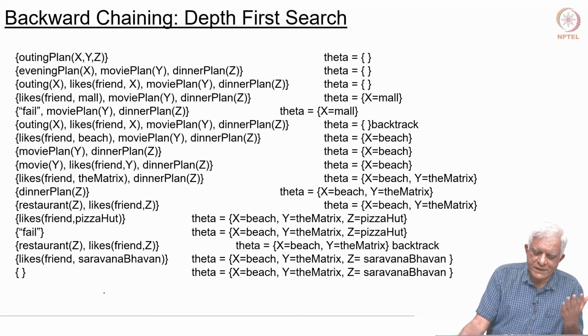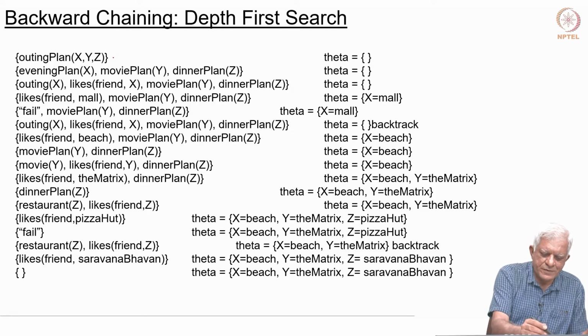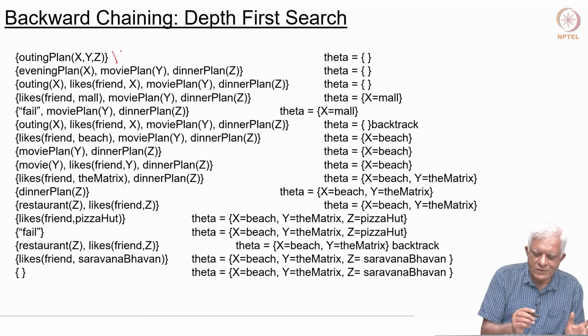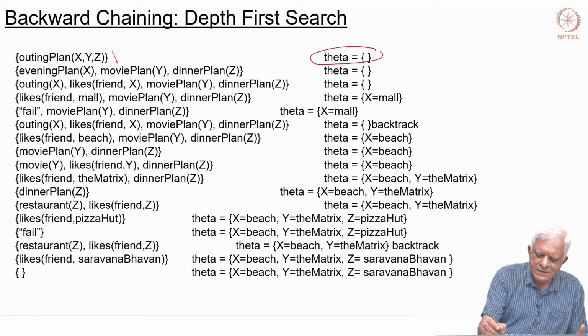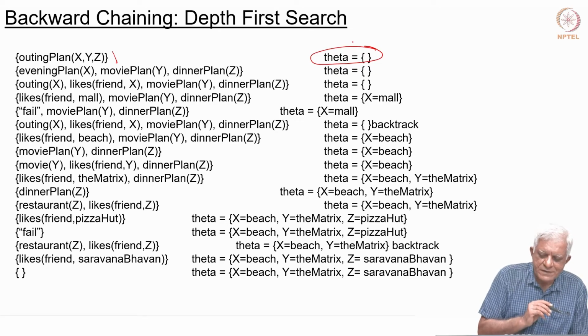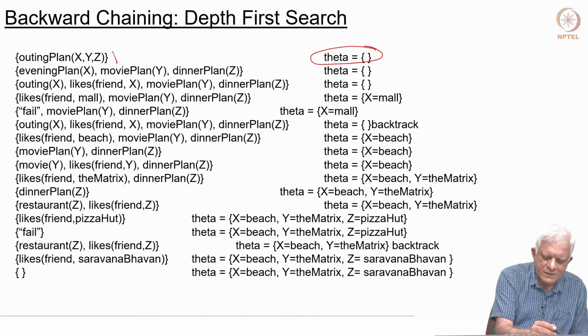And the backward chaining will do this thing that we have started: we will first put the goal in the goal set, and initially the substitution is empty, and then you will break down the goal into those 3 components, and then you will try out the components one by one essentially.